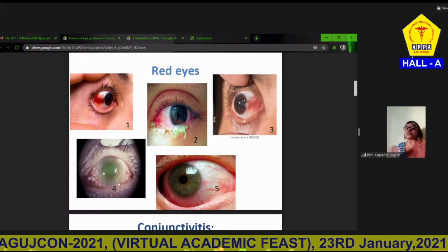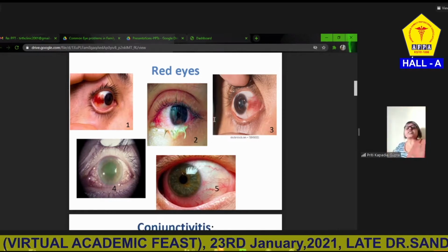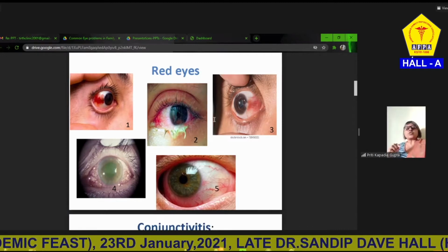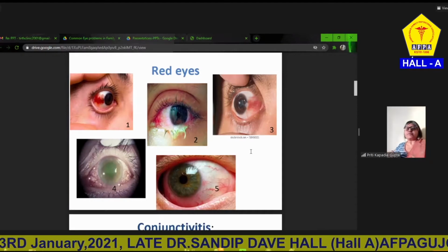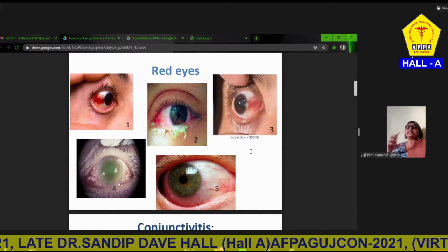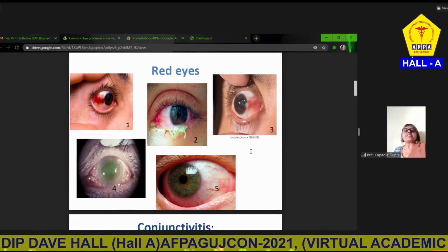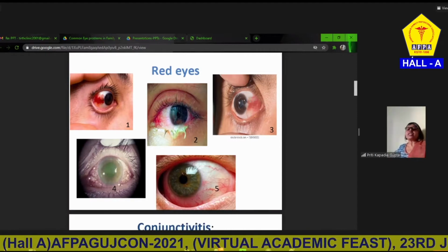That's what it is going to do. So, till you get less discharge and less symptoms, you must continue this. Overnight, you can prescribe an ointment. The ointment has to be given before sleep, because you want it to be retained in your eyes and act for a longer time, right?